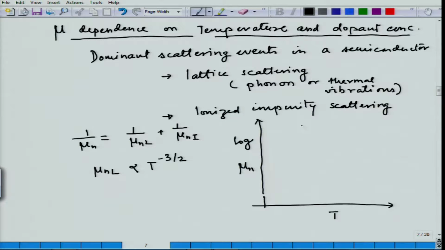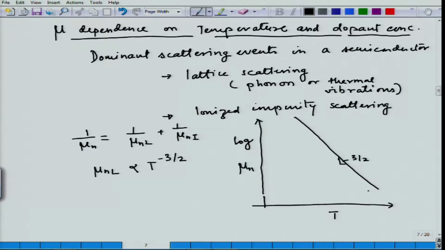So, if I plot it on this curve, it would be something like this, where the slope is 3/2. This is understandable, because at higher temperature the lattice atoms are vibrating at a higher frequency, which means they can scatter an electron moving due to the electric field much more, and hence the mobility of the electron will reduce, because it has to face many scattering events. This is the behavior that one sees.